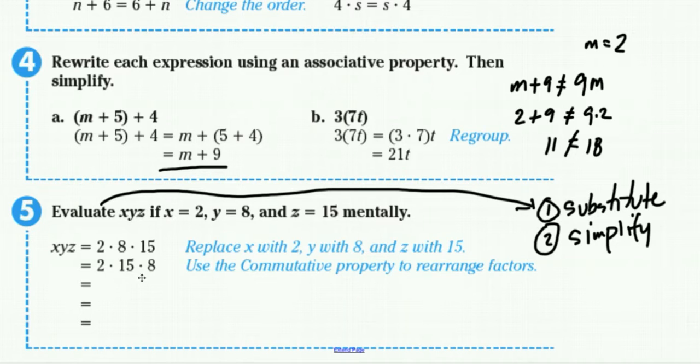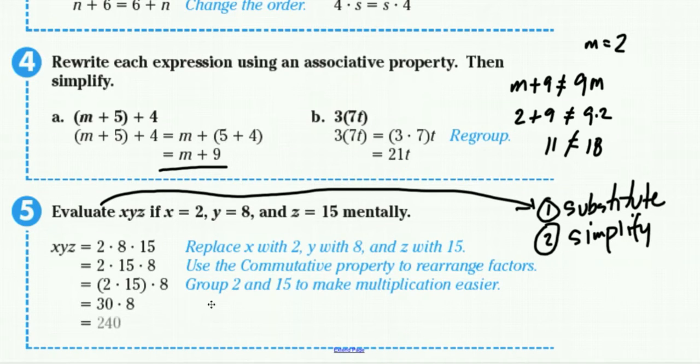So 2 times 15 times 8, using the commutative property, the order now changes. And then using the associative property, you simply group 2 times 15 times 8, which becomes 30 times 8, which gives you 240. So using the properties will enable you to solve expressions a lot faster.